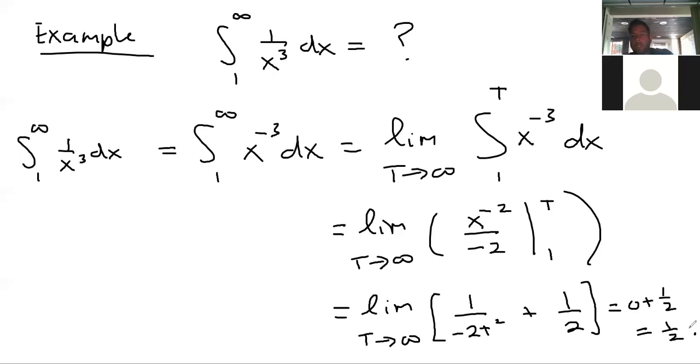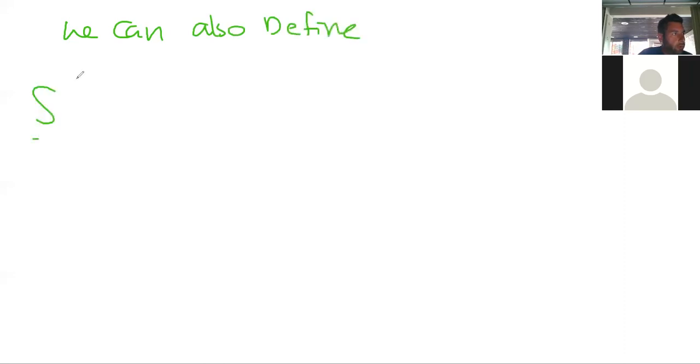So this is one type of what we call an improper integral. Running out of slides. There's other types as well. So we can also define, suppose we wanted to go from -infinity to some fixed number.